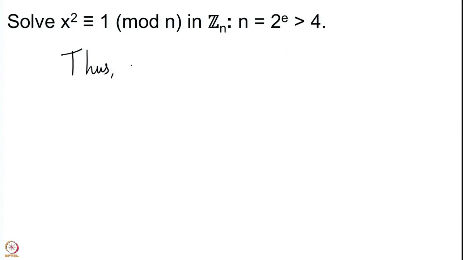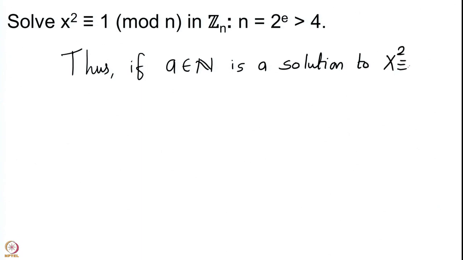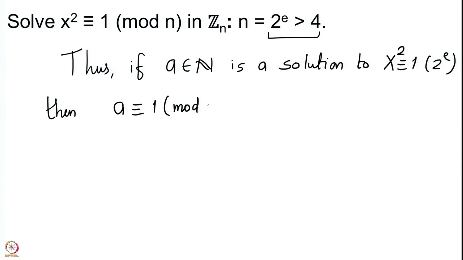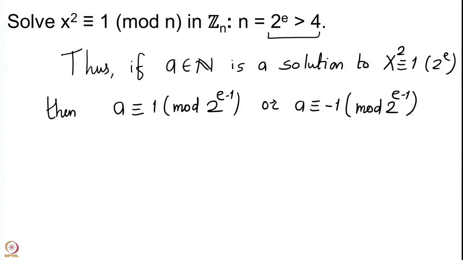Thus, if A in the natural numbers is a solution to x square congruent to 1 mod 2 power e, and remember we are in this case, then A is congruent to 1 modulo 2 power e minus 1 or A is congruent to minus 1 modulo 2 power e minus 1.